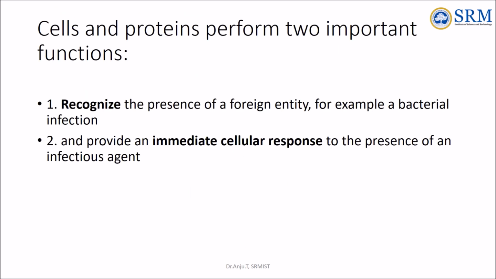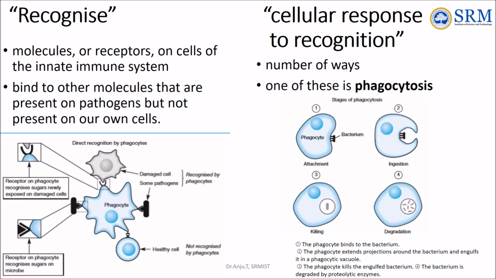The cells and the proteins act against the antigens by first recognizing the presence of the foreign organism, and then providing an immediate cellular response to it. The innate immune cells recognize pathogens by structures present on their cell surface.